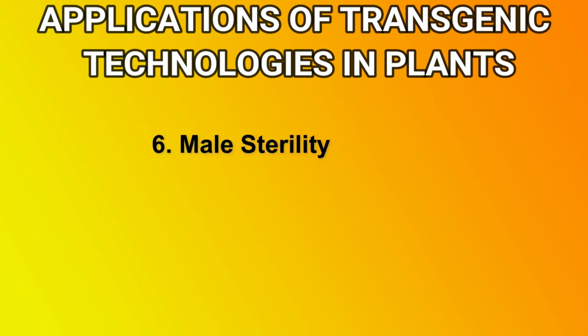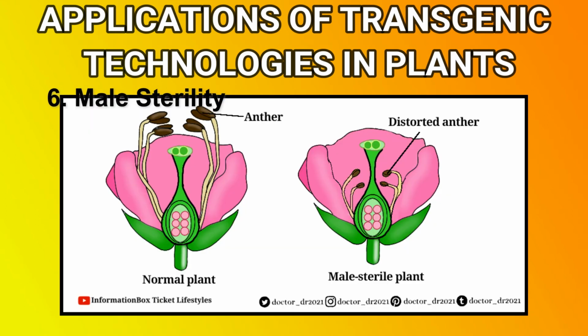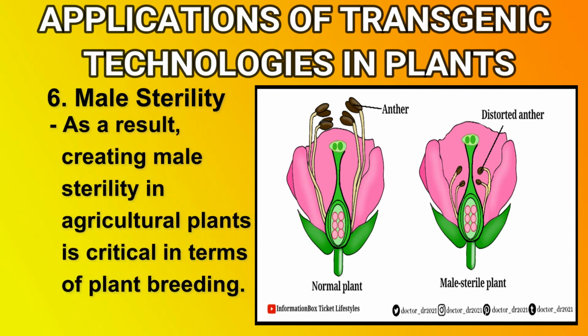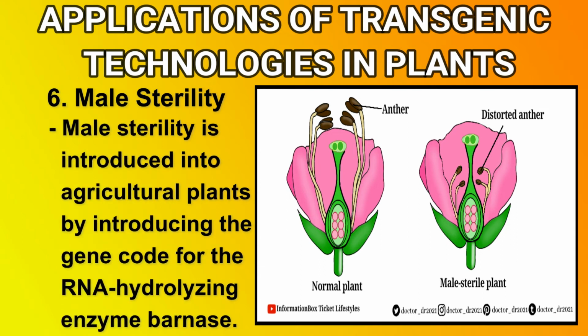Number 6. Male sterility. Male sterility is an essential feature in plant breeding because it limits self-pollination and encourages cross-pollination. As a result, creating male sterility in agricultural plants is critical in terms of plant breeding. Male sterility is introduced in agricultural plants by introducing the gene coding for the RNA hydrolyzing enzyme barnase.